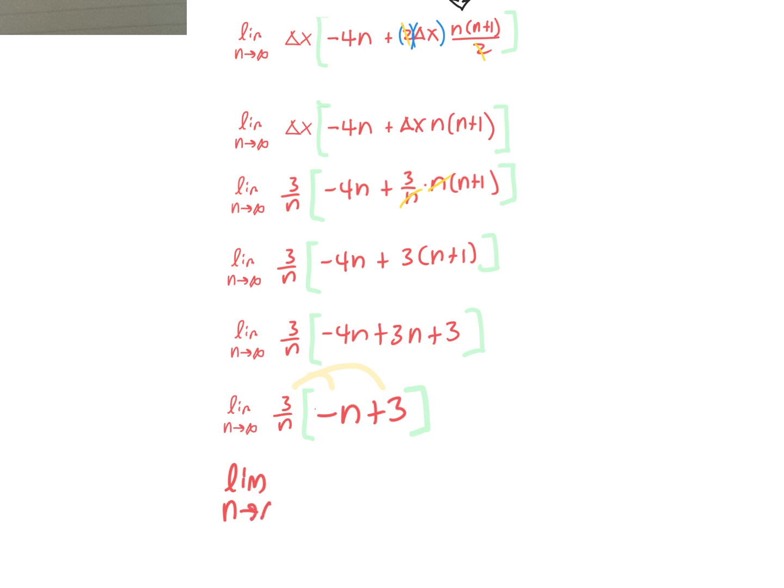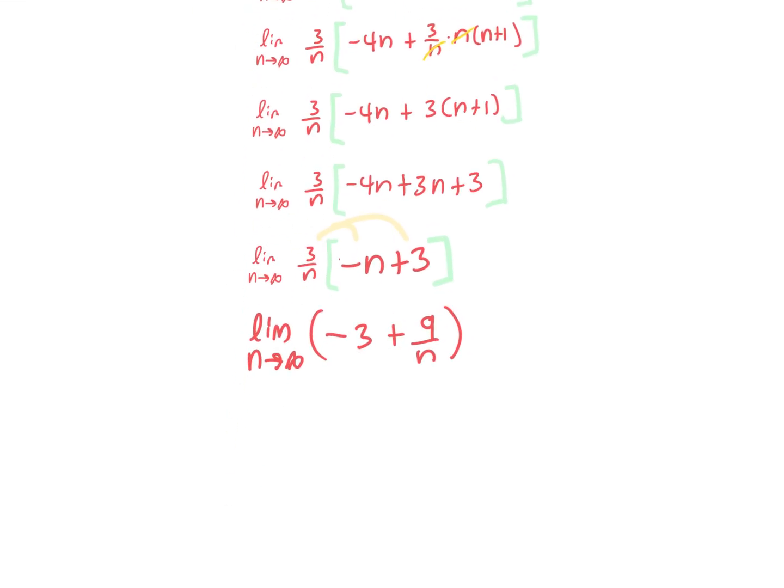n approaches infinity of negative 3 plus, what is it, 9 over n? Okay. Now we're ready to substitute that infinity symbol in there, and that's going to become 9 over infinity.